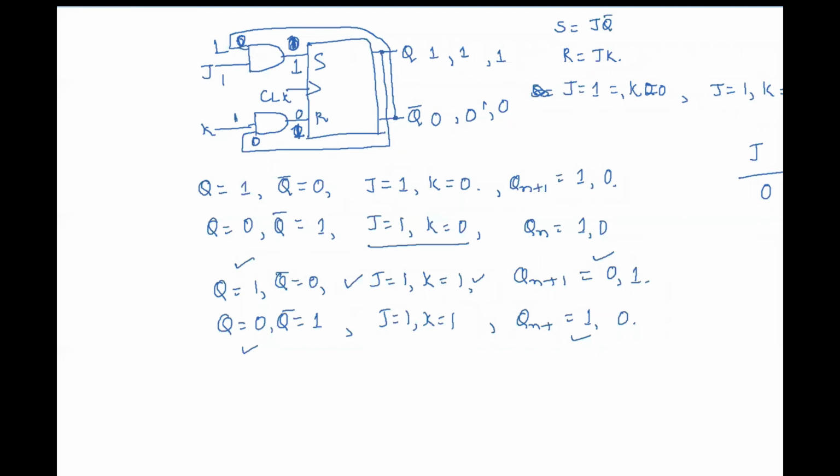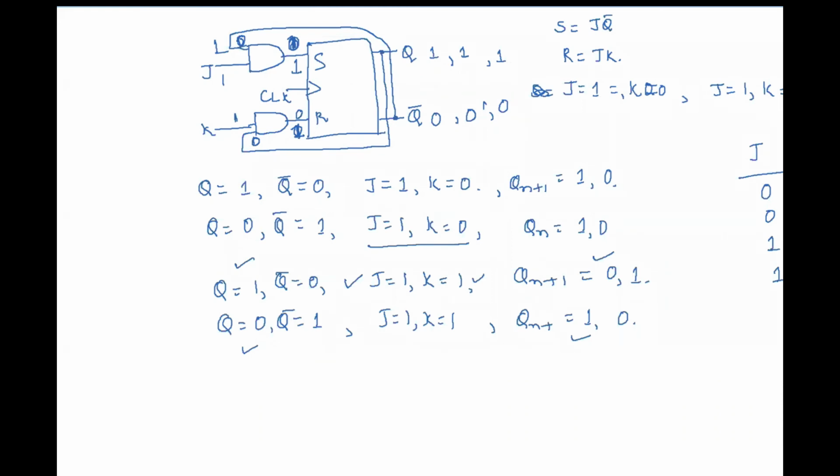This will hold the previous state. 0 1 will reset, and 1 0 will set the output. And 1 1 we can say toggle, or complement the previous output. So that's all as far as your JK flip flop is concerned.